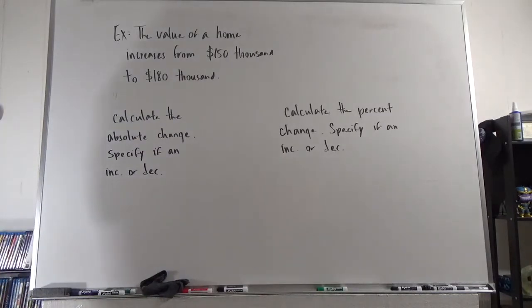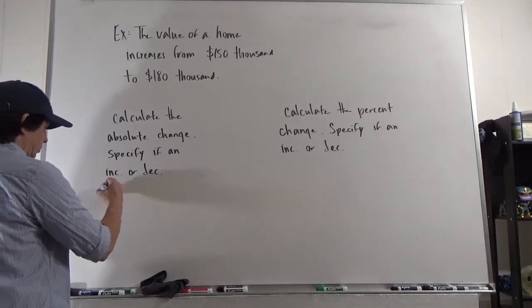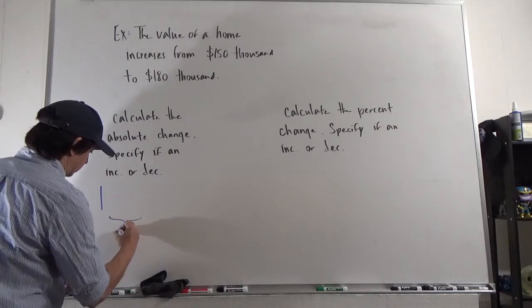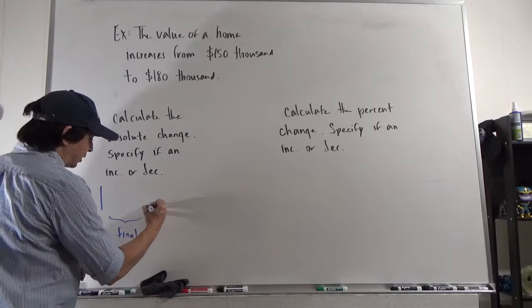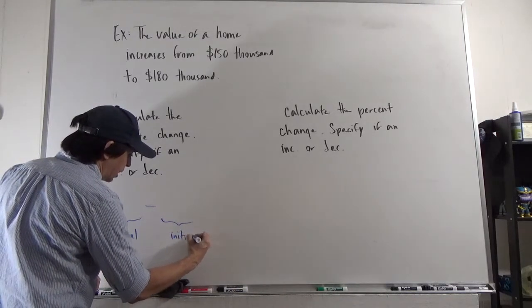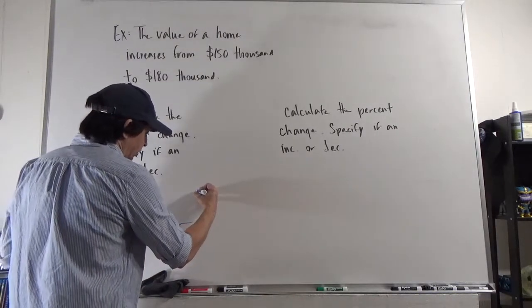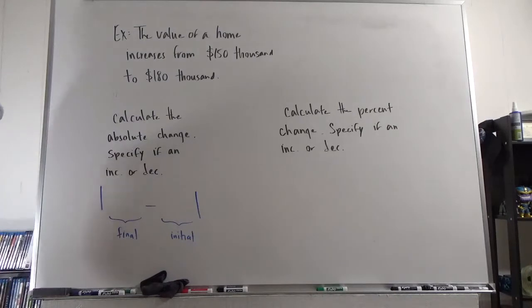Okay. Using the formulas, which I don't have written down, but you have them in your notes, you want to subtract. It technically doesn't matter the order, but generally final minus initial is standard. That will give you a proper sign. It'll be positive if it's an increase, negative if it's a decrease.